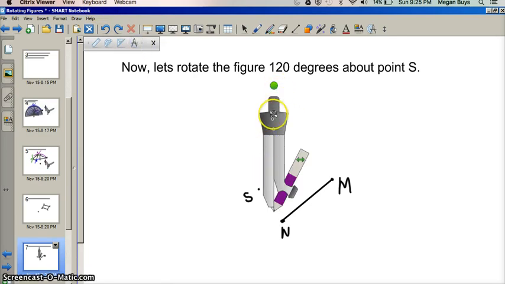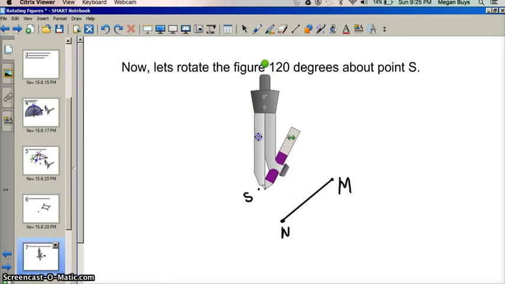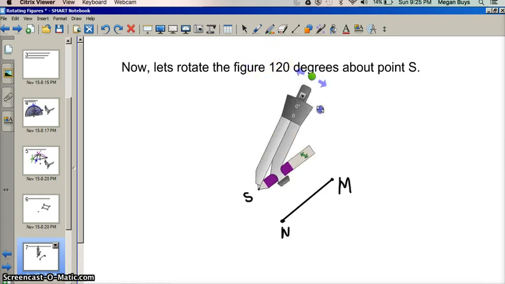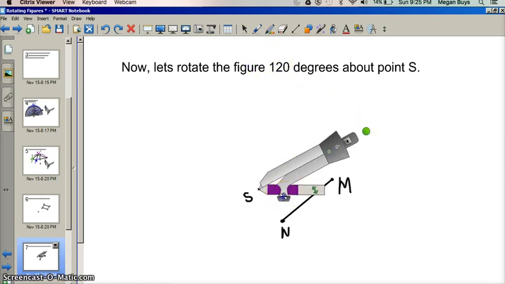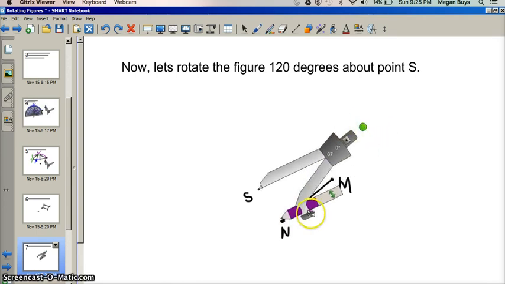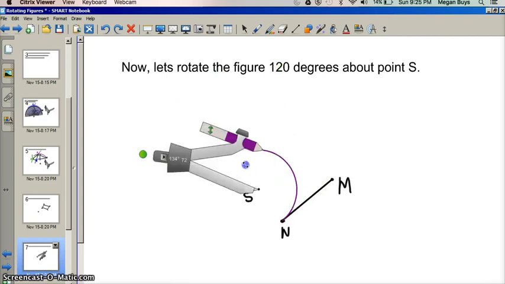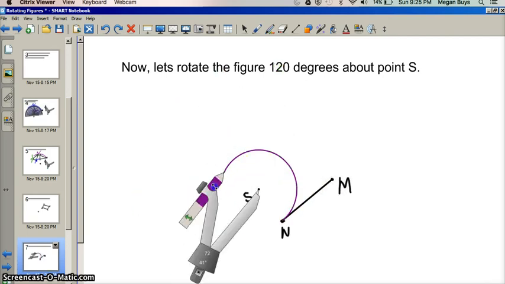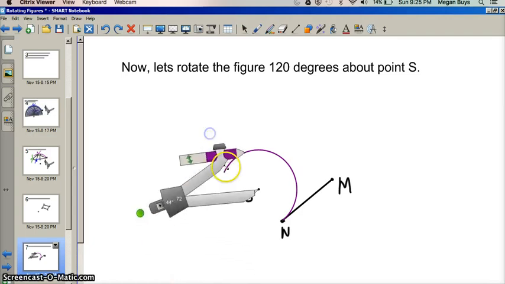So always start at our point S. We're going to go over here and stretch out to N. Make sure I'm on the point. And I'm going to the left. And I might want to make it a little bit wider than I did before, only because now we're going 120 degrees.